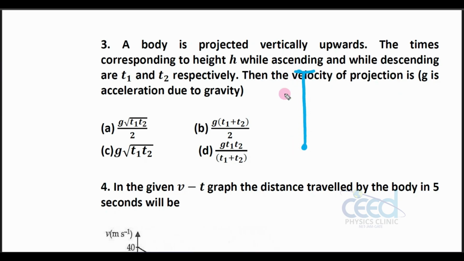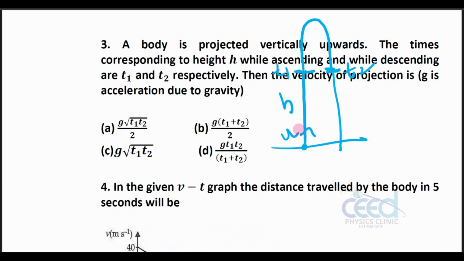Then it reaches a certain height in time t1, and again it reaches the same height on the return, with total time t2. They are asking for the velocity of projection. Suppose the body is projected with a velocity u, that u is what they are asking.